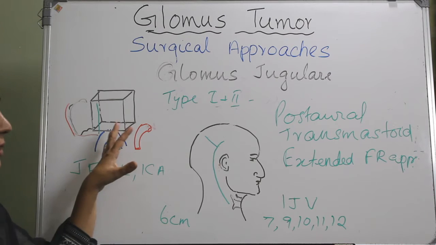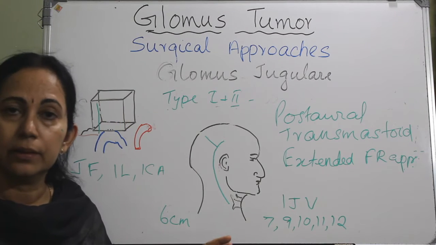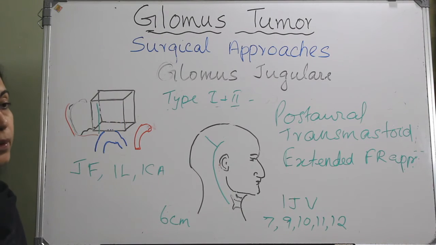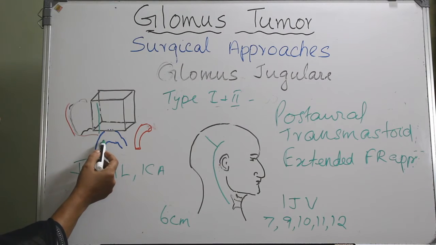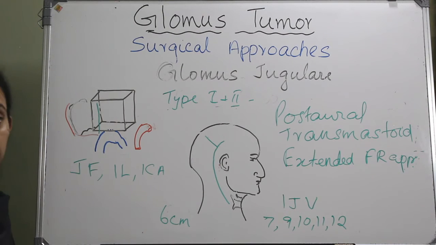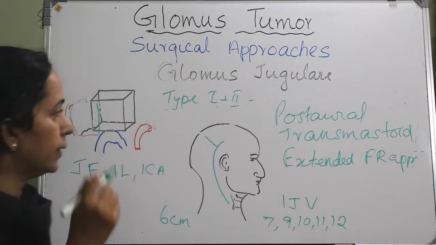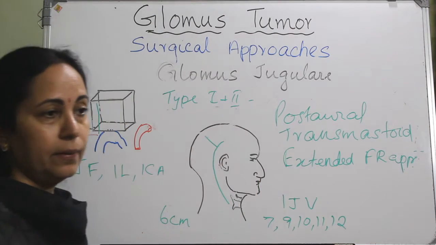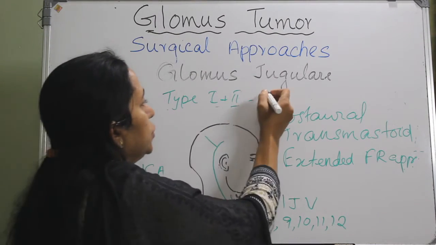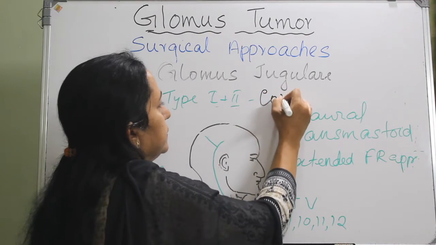After that, visualize the tumor and remove it from the jugular bulb, the internal carotid artery, and also from the cranial nerves, and remove it in toto. Okay, so that is called a conservative jugulopetrosectomy.